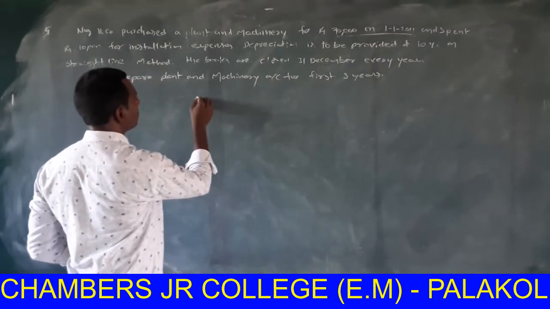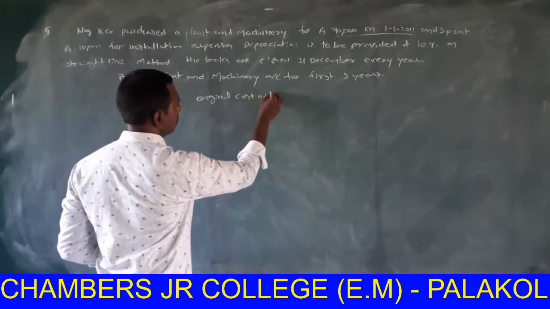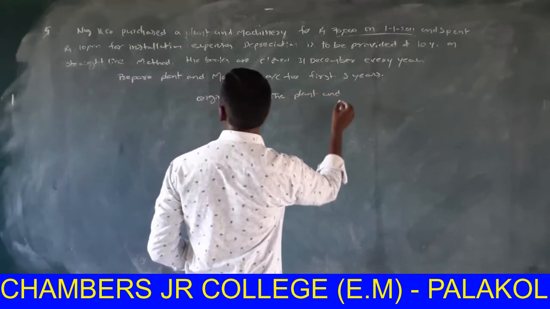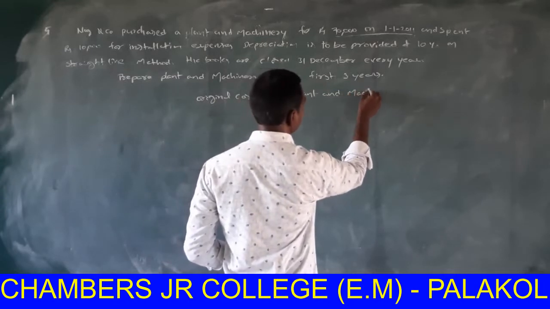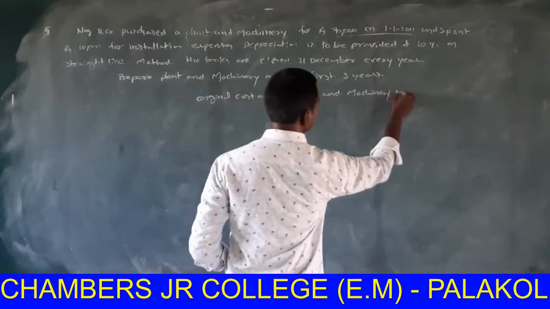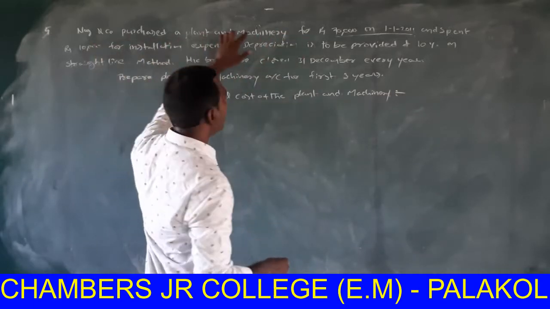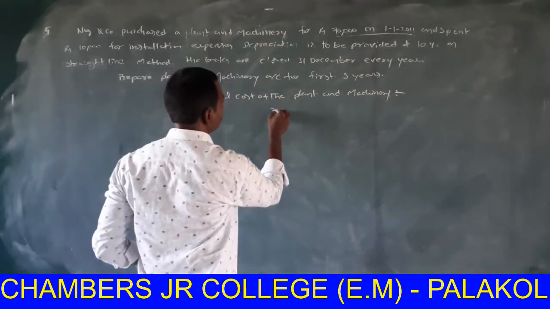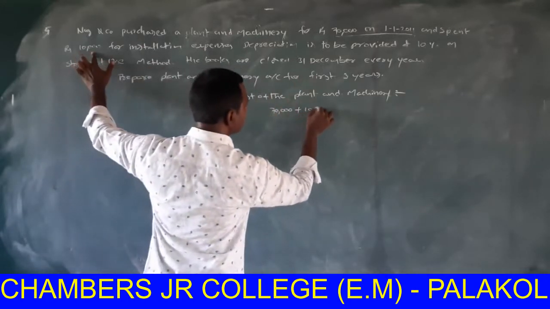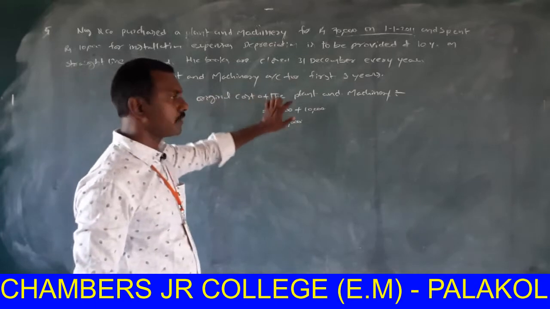So here, the original cost of the plant and machinery is the purchase price 70,000 plus installation price 10,000, so the total is 80,000.